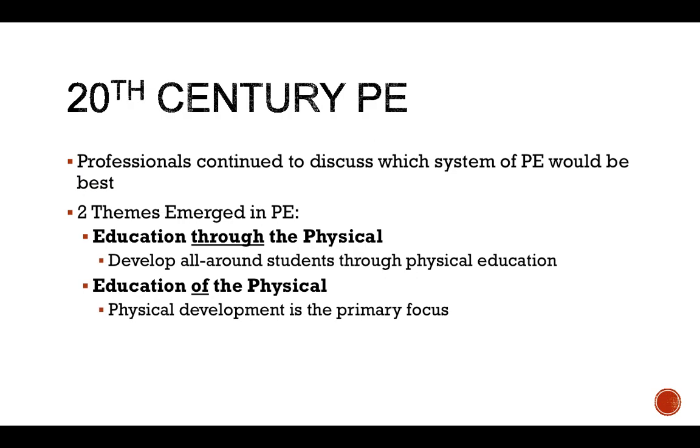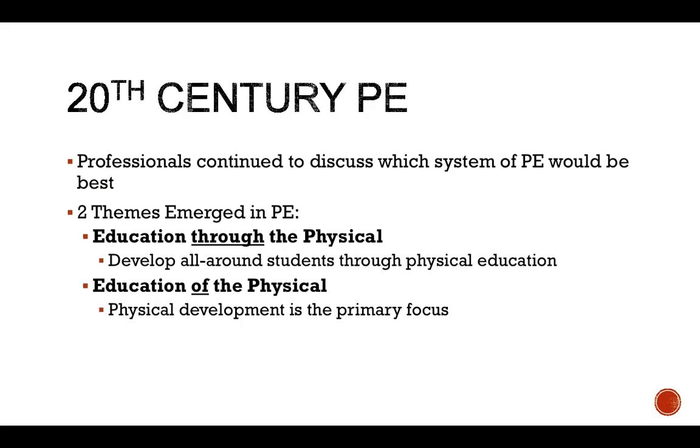So we'll start with the 20th century physical education. So in the 1920s, school physical education shifted from formalized exercise programs to curricula that involved sports, games, aquatics, and outdoor activities with educational outcomes stressed. So professionals continue to discuss which system of physical education would be best to meet the needs of students in the United States.